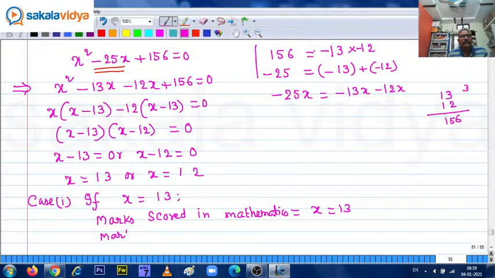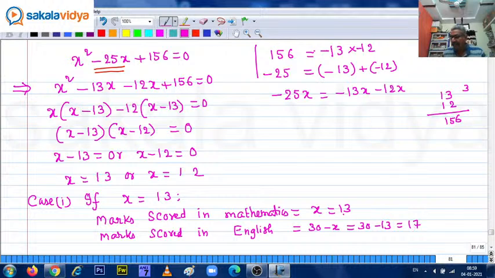Marks scored in English equal to 30 minus x. So 13 needs to be subtracted from 30. 30 minus 13, you will be getting 17. 13 and 17. This is one case.